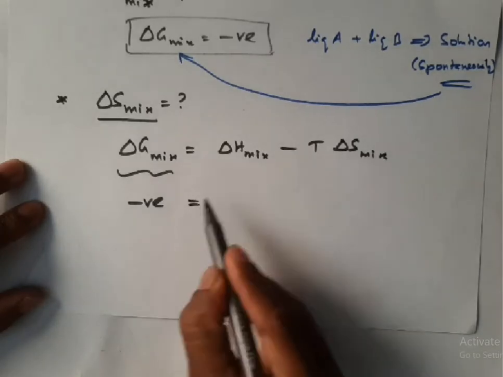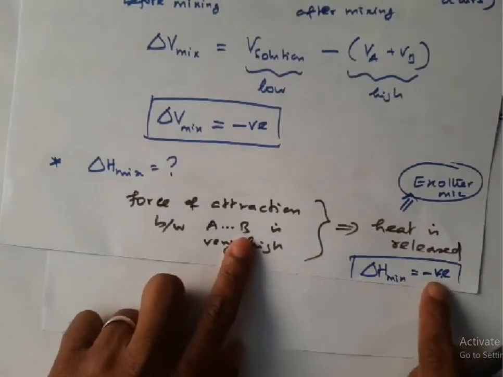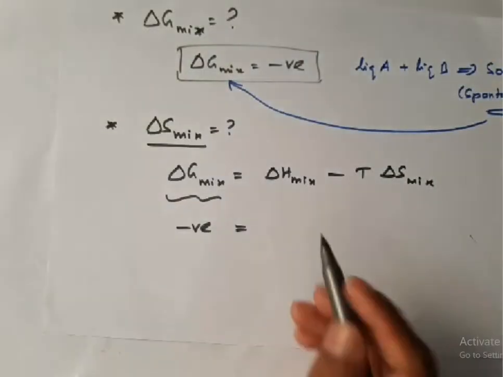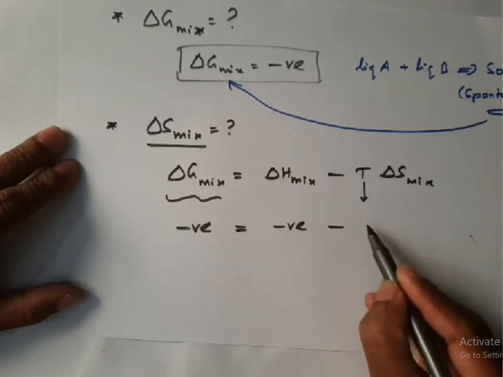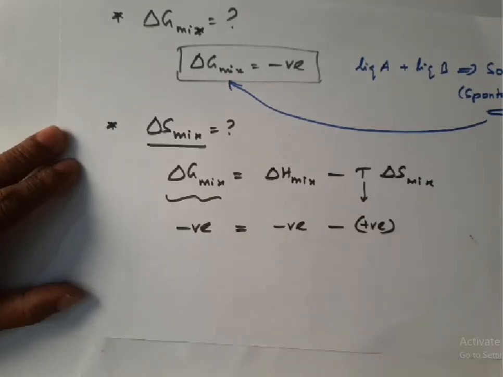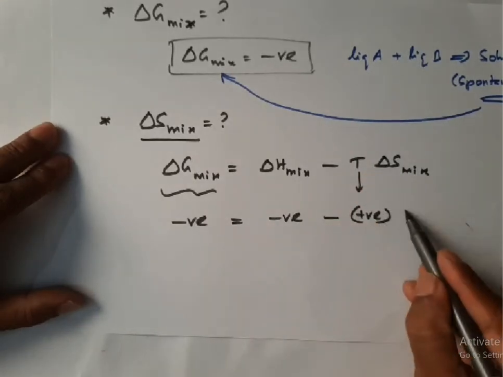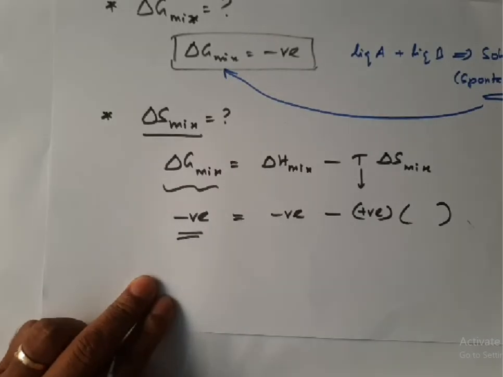And delta H mixing we also fixed already: it is also negative. So this term is negative. And you know very well, temperature is a positive quantity because we always take temperature in Kelvin. So to get this negative, students, observe carefully.